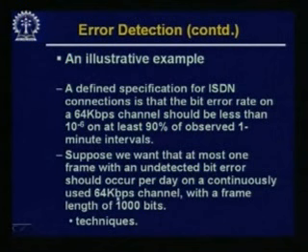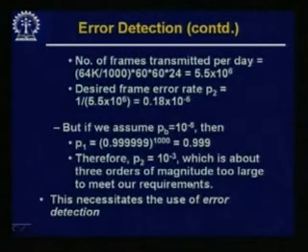So the number of frames transmitted per day is 64 kilobits per second divided by 1000, which is the number of frames per second, times 60 times 60 times 24, which is approximately 5.5 times 10 to the power 6.